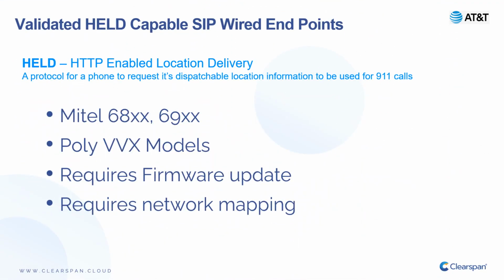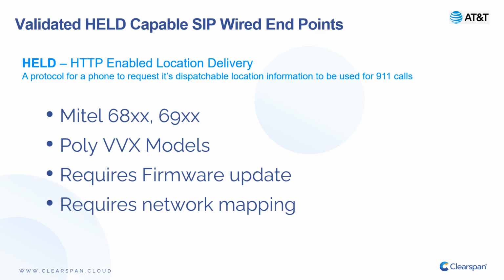There are currently 2 phone manufacturers that are being validated for the AT&T hosted voice service, Mitel and Poly. The HELD/LIS capabilities are limited to the Mitel 6800 and 6900 models, and the Poly VVX models, excluding conference phones.